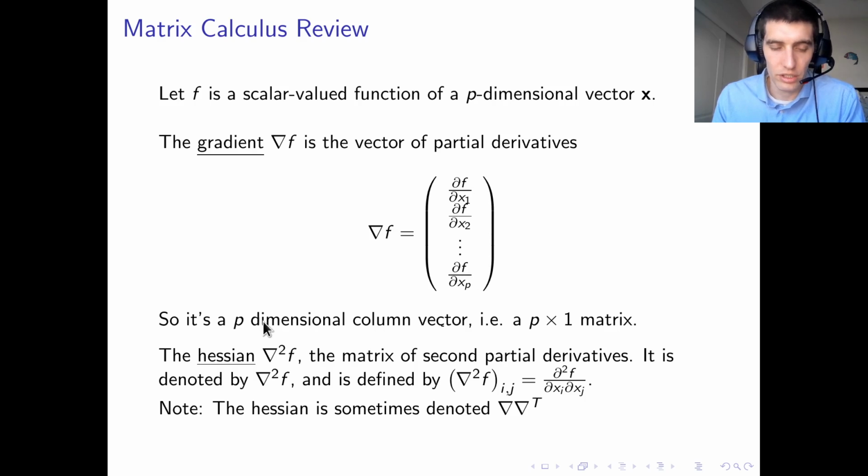For our convention, some people use different conventions, but we have vectors as column vectors unless we specify otherwise. So this is a column vector by default. Because there are p partial derivatives in there for the p-dimensional vector x, it is p by 1.